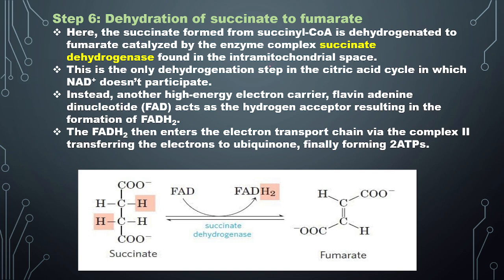Found in the inner mitochondrial membrane. This succinate dehydrogenase is present in the inner mitochondrial membrane.